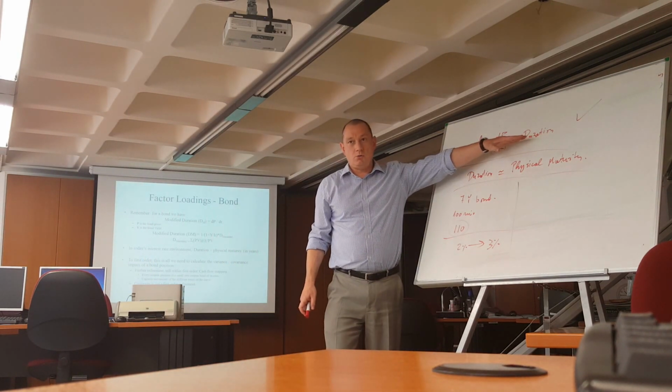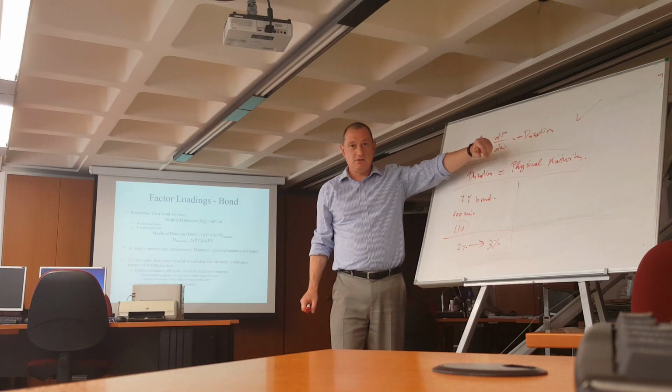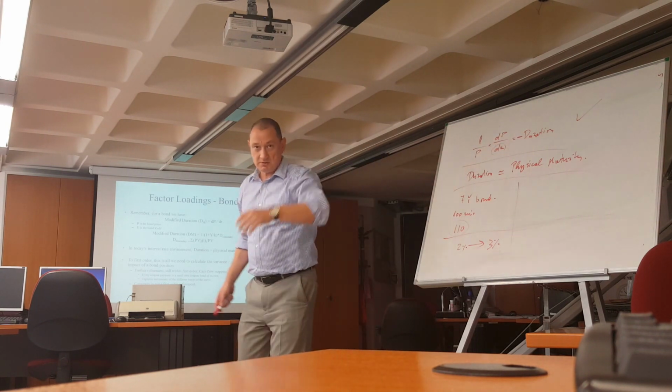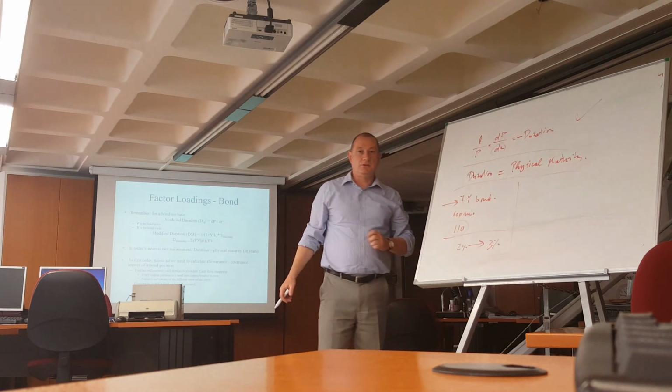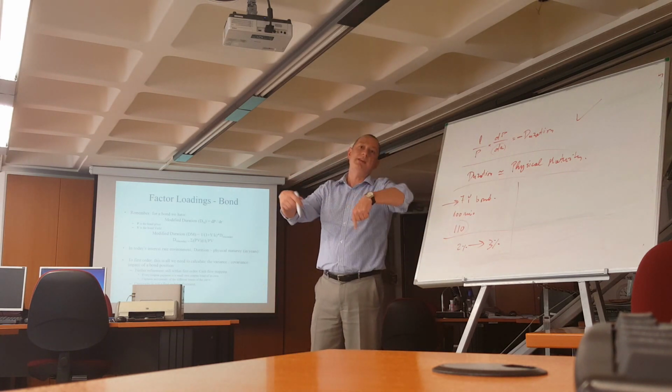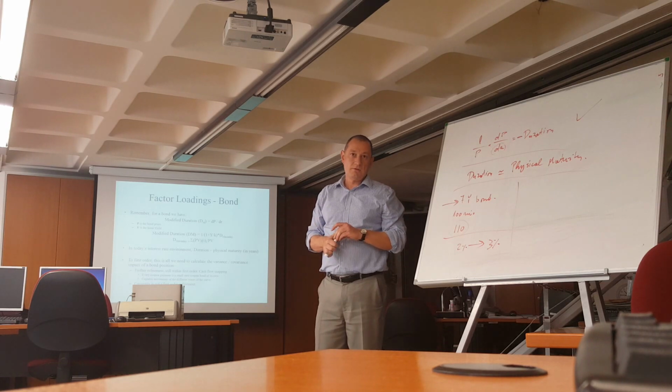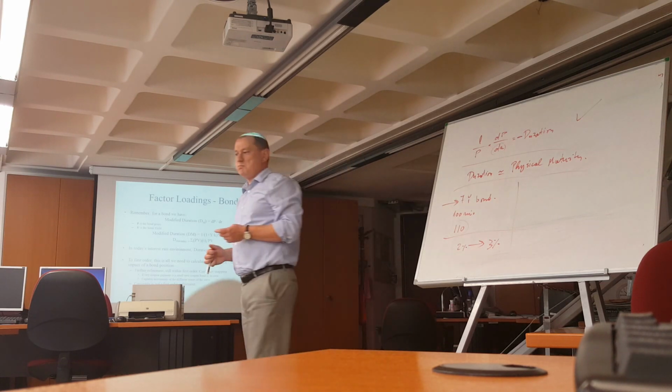What do we need to know to see how much it will decrease? We need to know the duration of the bond. But I said that this is a 7-year bond, 7 years of remaining maturity. We use this approximation. Exactly.